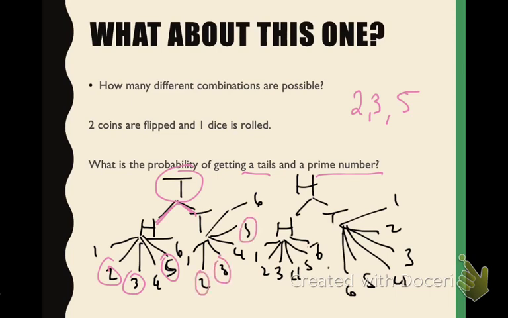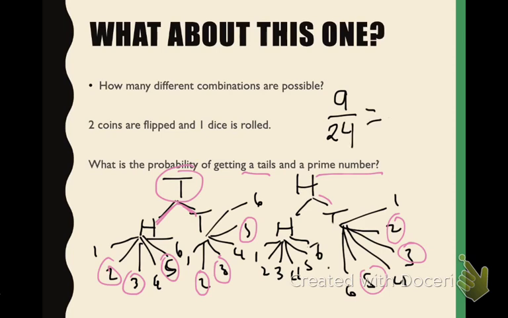If I have a heads and I flip heads, I'm not getting a tails, so I can't go that option. But if I flip heads and tails, I can go that option: 2, 3, 5. So how many have I circled? 1, 2, 3, 4, 5, 6, 7, 8, 9. So the probability of getting a tails and a prime number is 9 over 24.